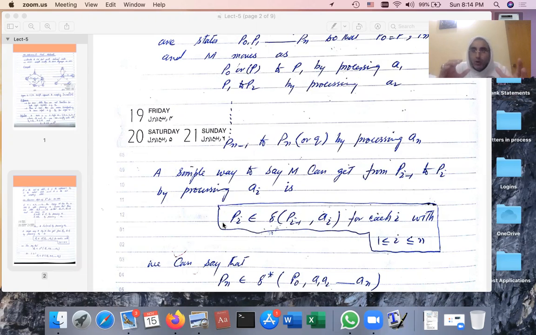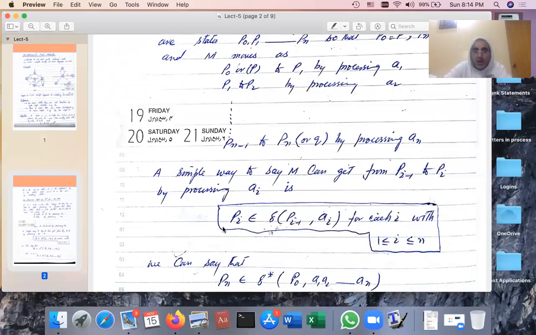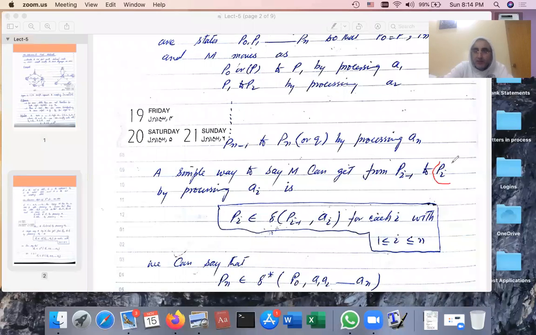And now you can sum up this theoretical stuff in the form of an equation like this. So Pi is some state we have reached, for example this state Pi.